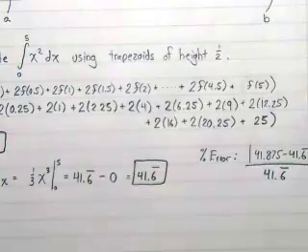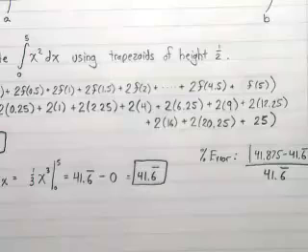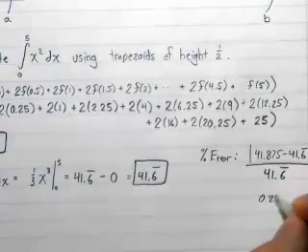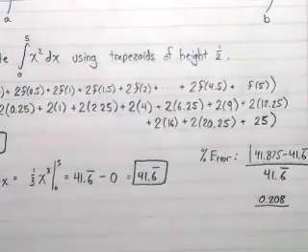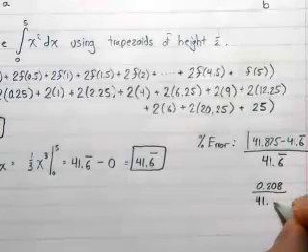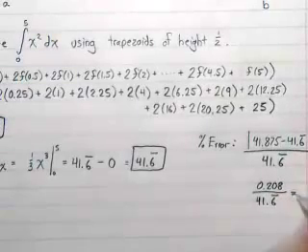So the difference here, though, I'll do 41.667 just to keep the same number of decimal points there. So we have a difference of 0.208 out of an expected value of 41.6.